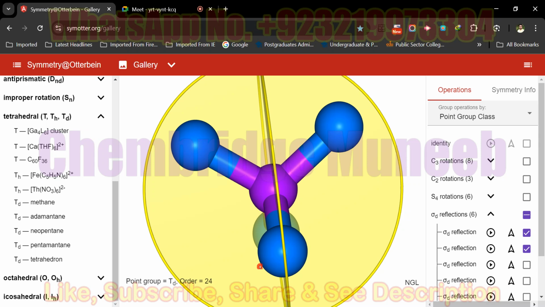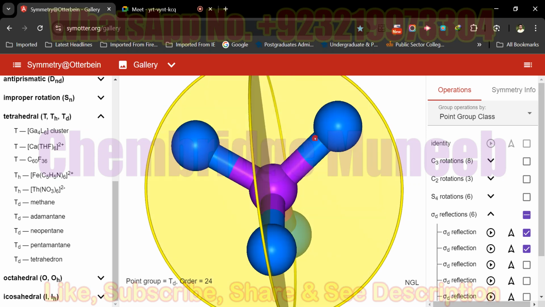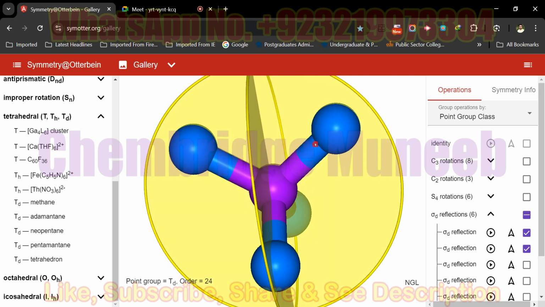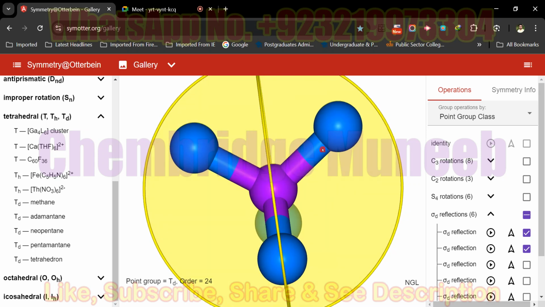If you consider one plane, one atom is going into the screen and one is coming out of the screen, right? And the other plane, what do you say about the other plane? One's in and out the other side to side. They are present side to side on the plane.